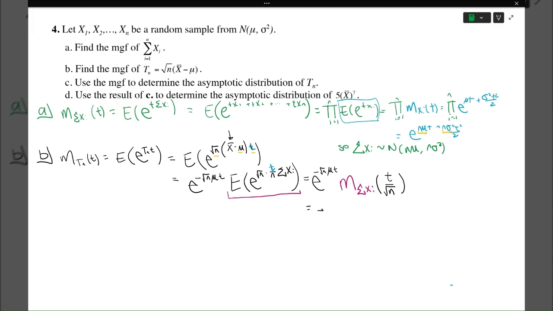This leaves us with e to the minus radical n mu t. The MGF, we just use what we had up here, e to the n mu, and then I'll replace t with t over radical n. And then we'll have, I'll just write this as a separate e, n sigma squared, and instead of t squared, I have t squared over n now.